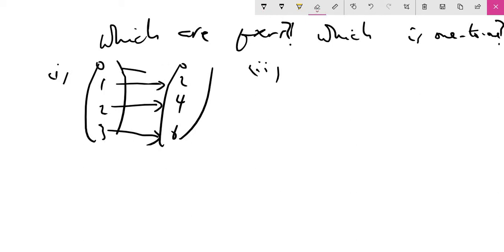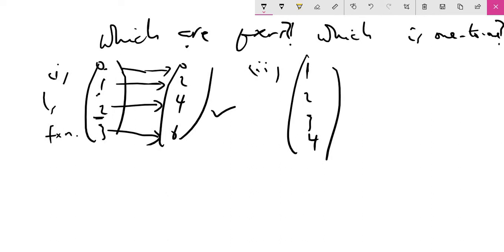So clearly, this is a function because every single element maps to one element, and there is no element in the domain that is not used. So this is a function. And then the second mappings we have 1, 2, 3, 4 mapping to 2, 4, 8. So we have 2 to the 4.